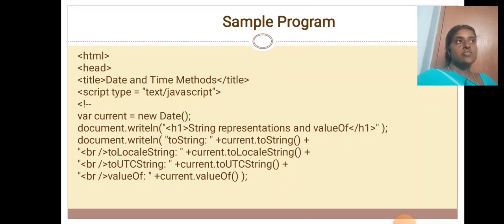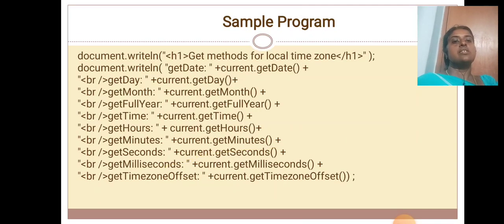As we already discussed, it will return a local time as per your system. In whatever format you set up in your system, that will be displayed with the help of toString. I am going to invoke this toString method through my current object. Current is a new Date object, so current.toString(). The result will be like this.